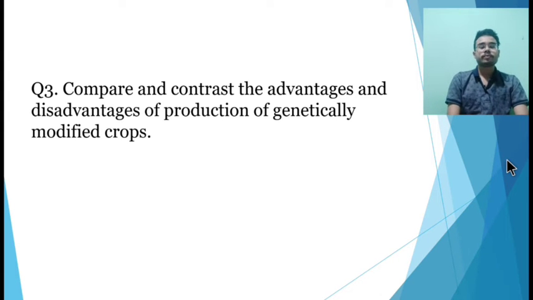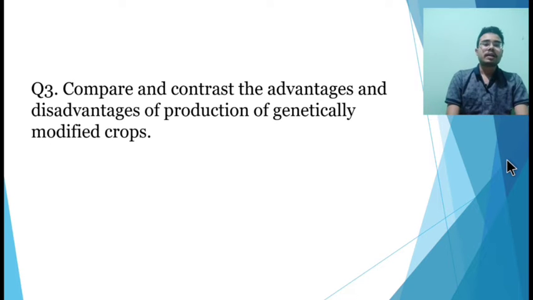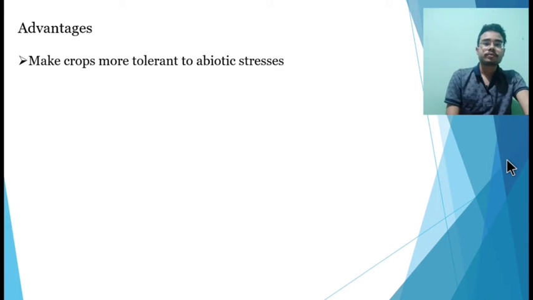modified crops. Now we all know that genetically modified crops or organisms are very much advantageous to us. Do they have any disadvantages? Let's see. At first we take the advantages. Genetically modified crops are more tolerant to abiotic stresses.